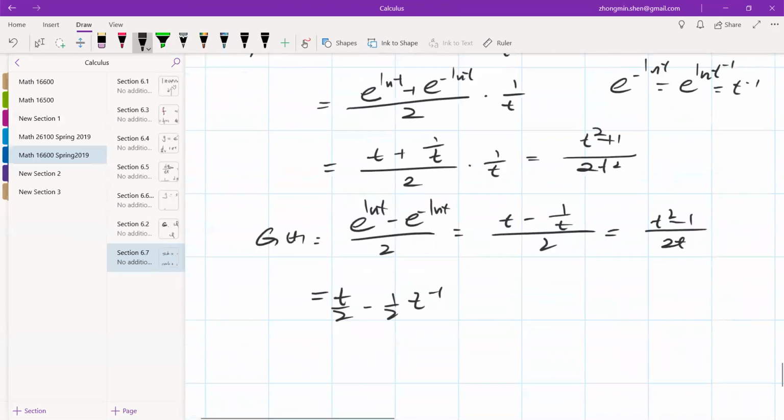You don't need to use the quotient rule to find the derivative. You just need to take one half times t minus 1 over t. That's the answer, that's quick. Of course, you can write it in the other form, no problem. So it's better to simplify the function before you find the derivative.